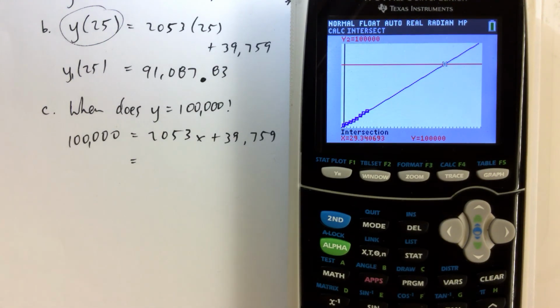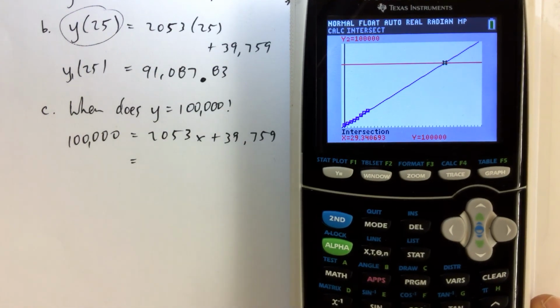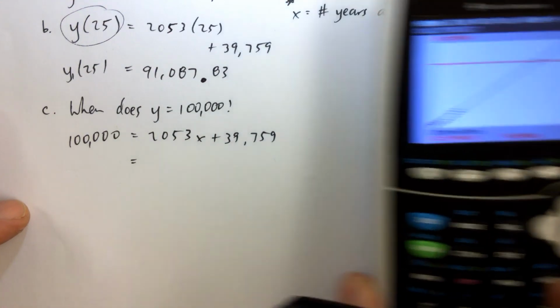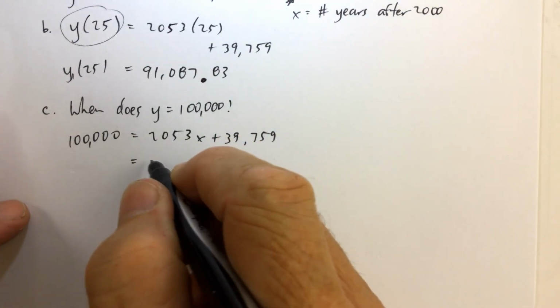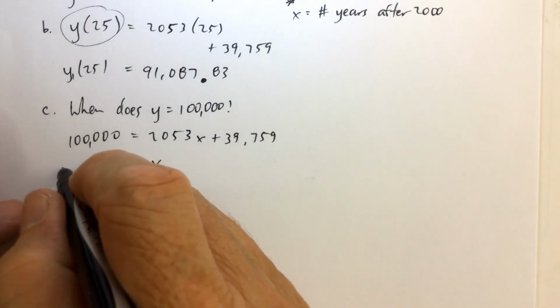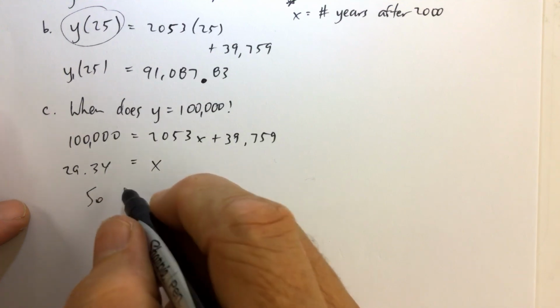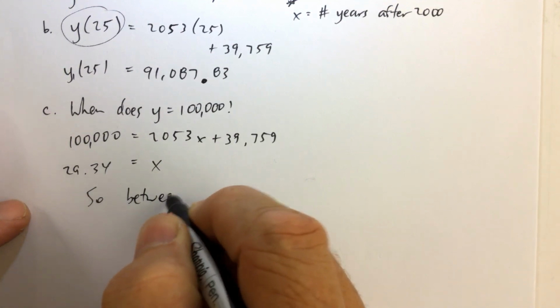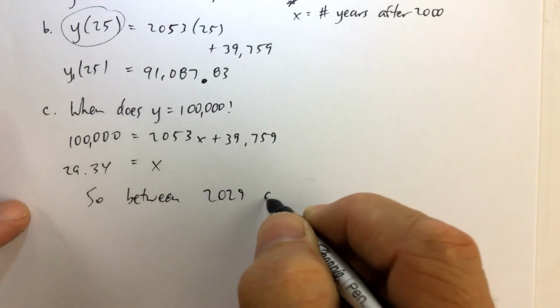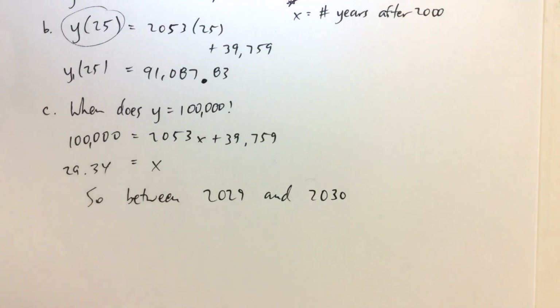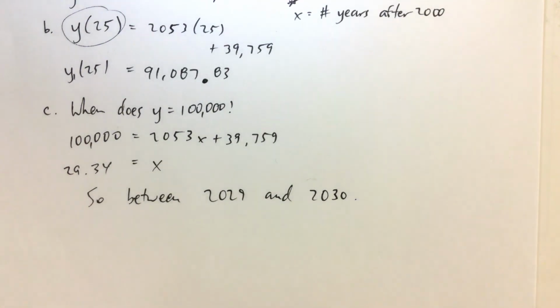So year 2029 will be a little less than 100,000, and production will likely reach it a little after, when X is equal to about 29.34, so between 2029 and 2030. So that's the answer to the question: somewhere in 2029 is when we're going to reach 100,000 metric tons, likely.